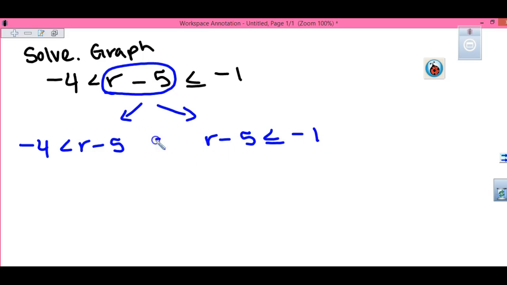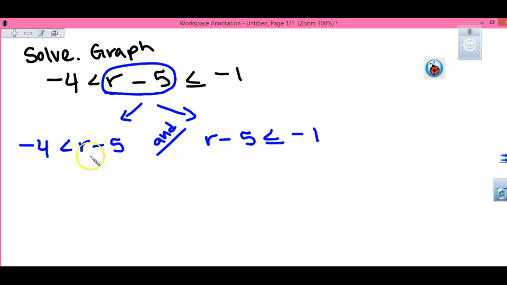Why do I say and? Because of the way it's written, I know it's an and. If this inequality were to be an or, we would have had the or in there, in the problem.